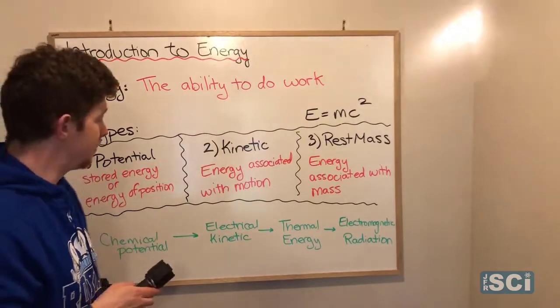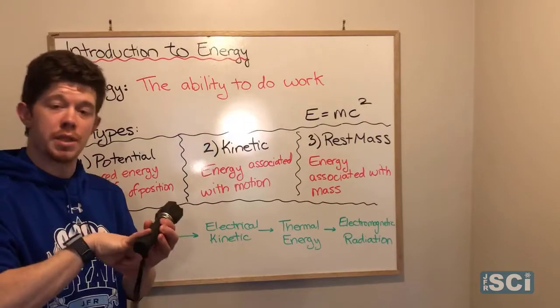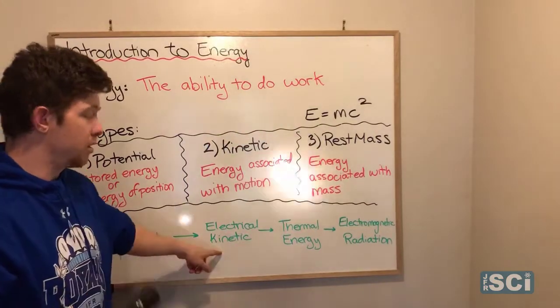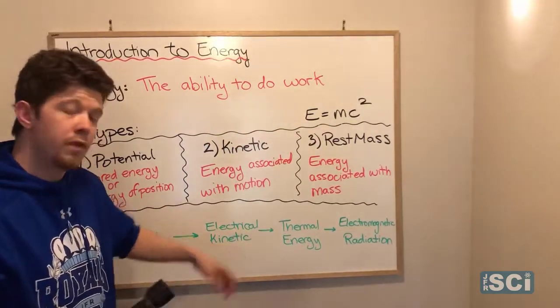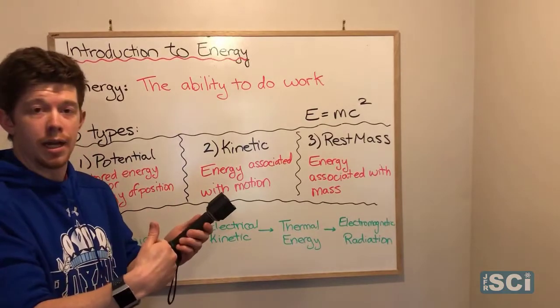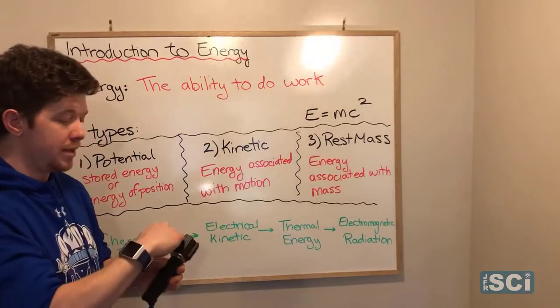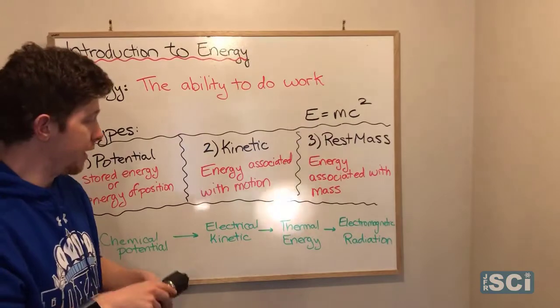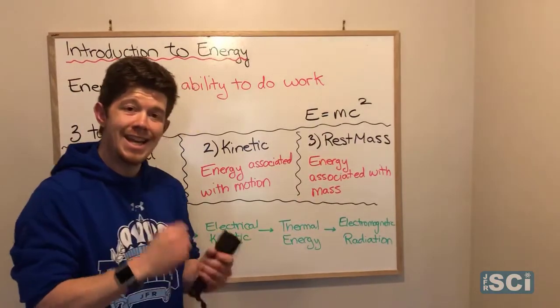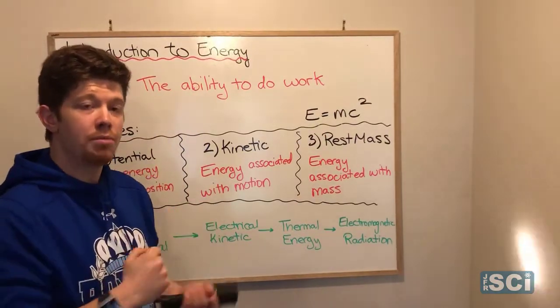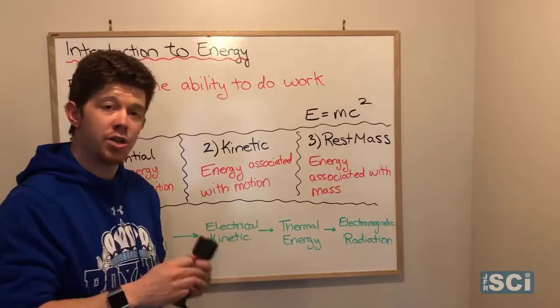So where does this light come from? Well, the chemical potential energy is transferred into electrical kinetic energy. These are electrons moving along the wiring inside the flashlight. Now they get to the light bulb, where they turn into thermal energy, heating up the filaments inside the light bulb up to a point where that thermal energy creates light.